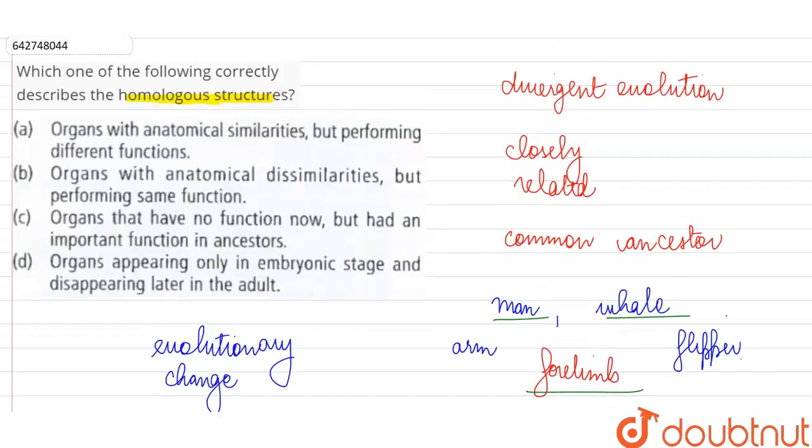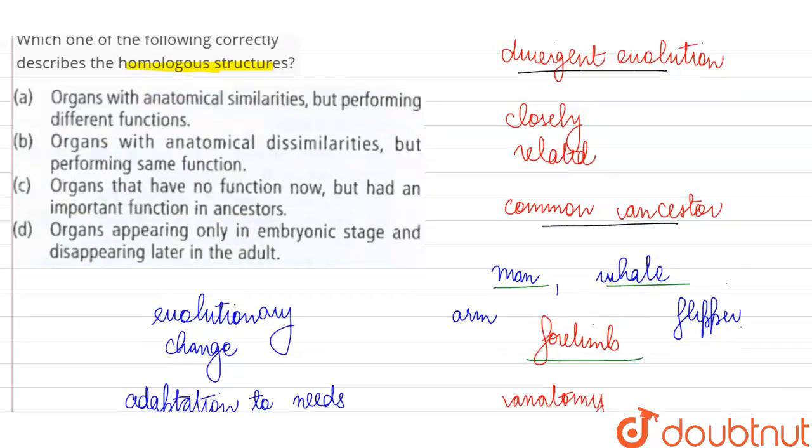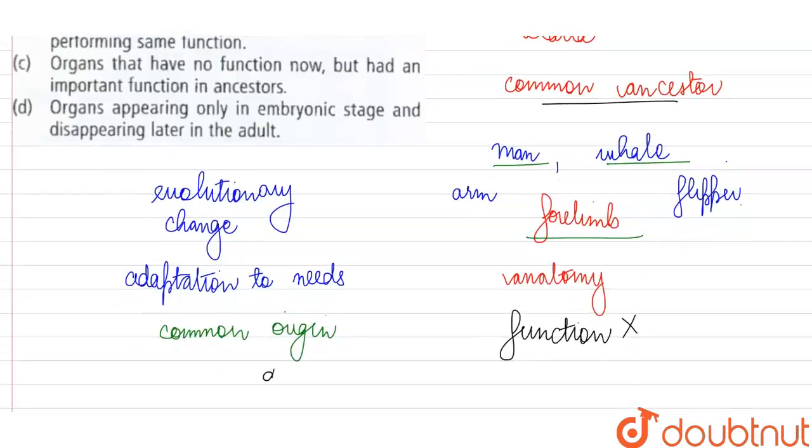And this is because of divergent evolution. When, despite having a common ancestor, despite having the same origin, two structures undergo modifications along different directions, so that they can help the organism in adapting to the different needs, because obviously man is going to use his arm for a variety of different activities, whereas whale needs its forelimb to move about in its aquatic habitat for swimming.